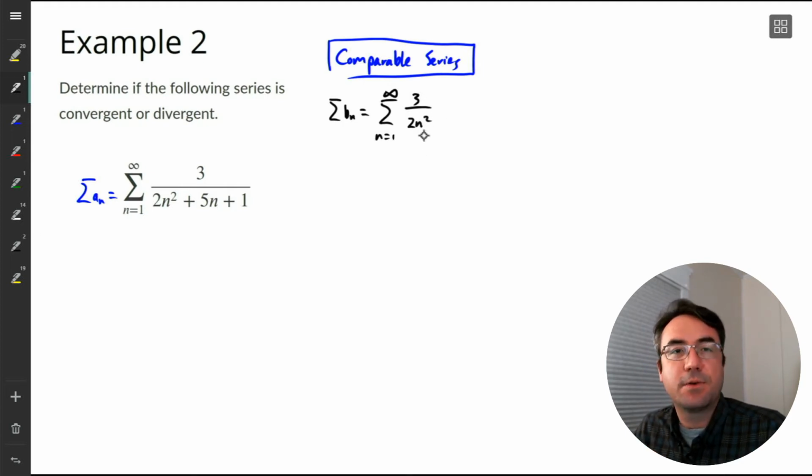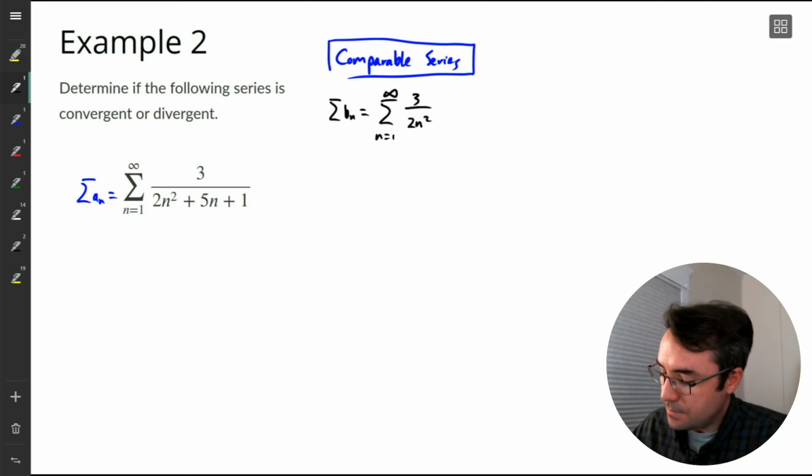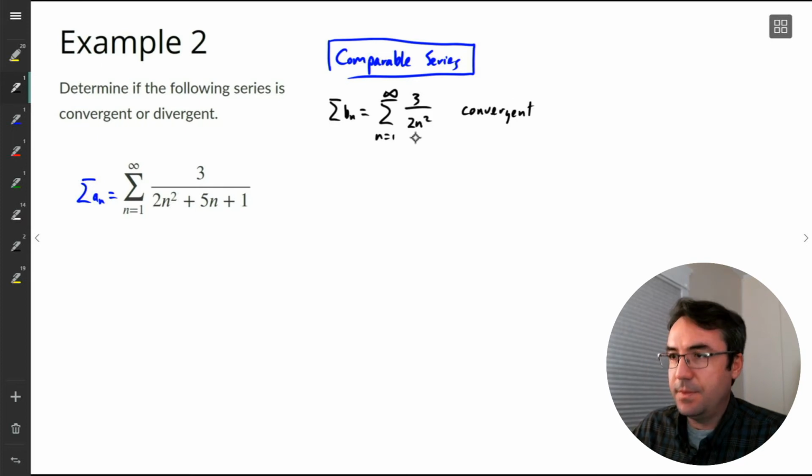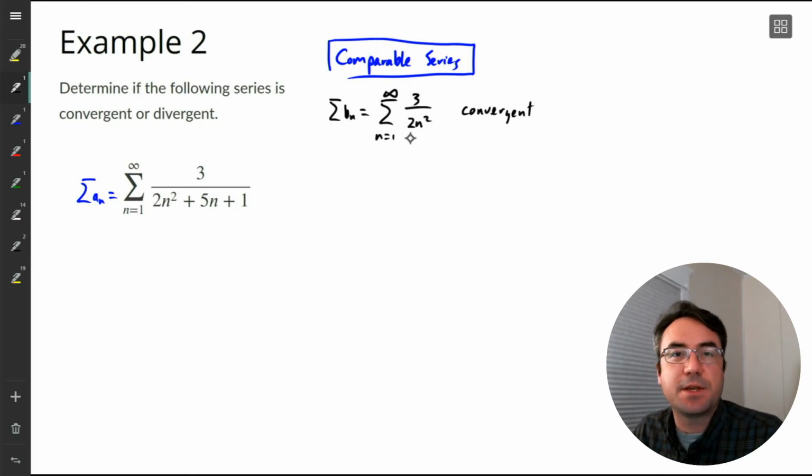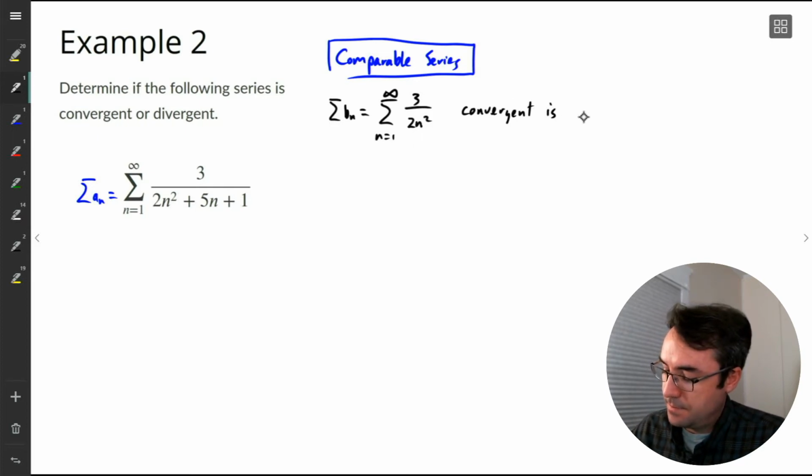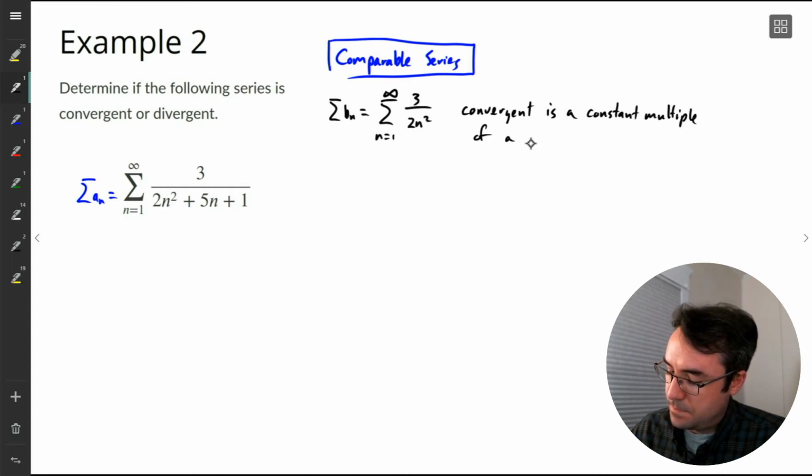Now, why is this convergent? Well, this is convergent because it's a constant multiple of a p-series. And what is the p-value?